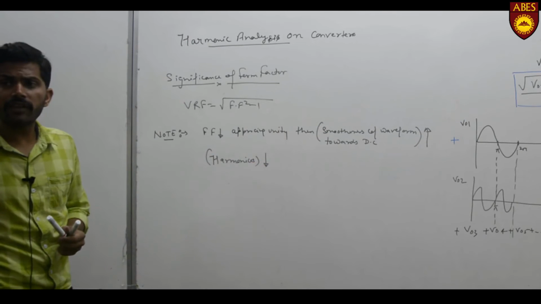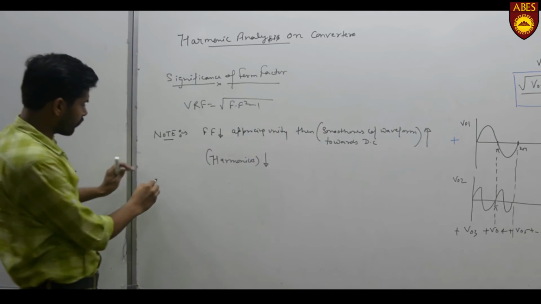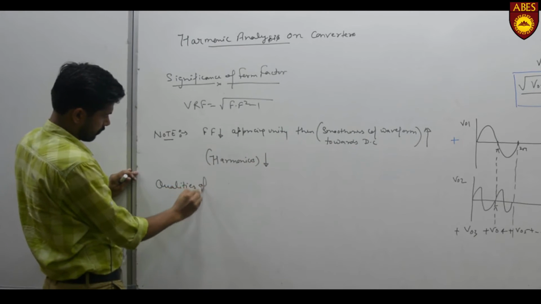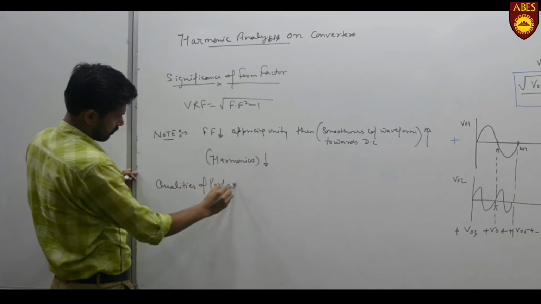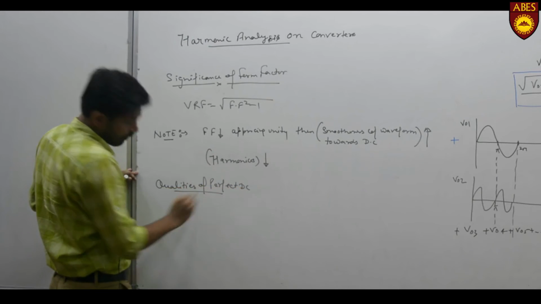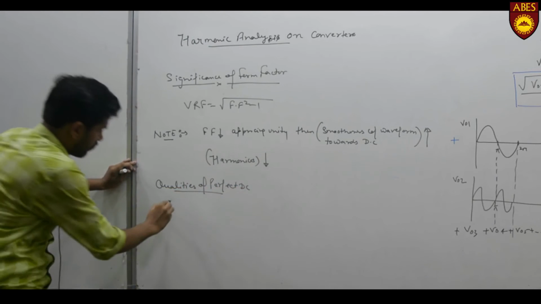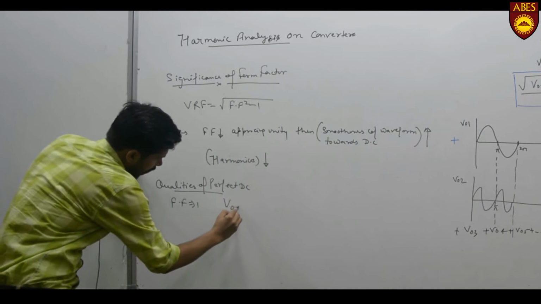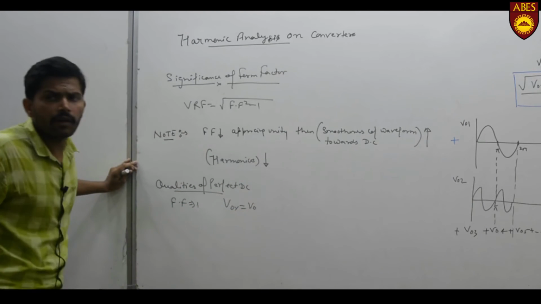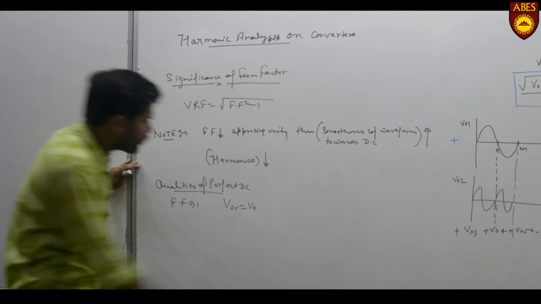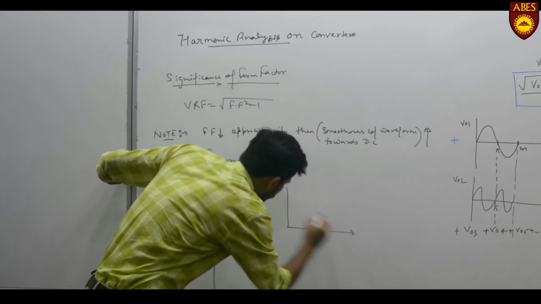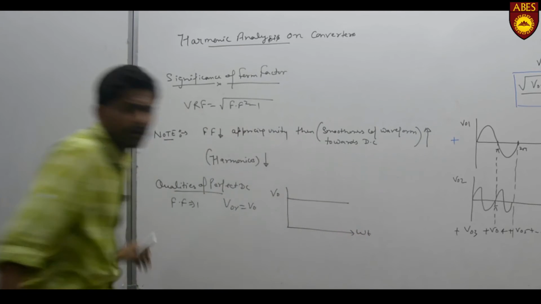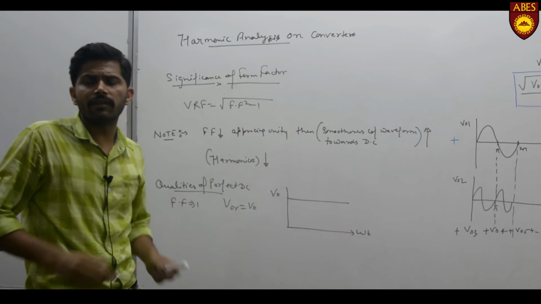Now what are the qualities of a perfect DC? Its form factor is equal to 1. Form factor 1 means RMS and average value are the same, as for a pure DC waveform. If that is our output, it will contain 0 ripples or harmonics on the DC side.